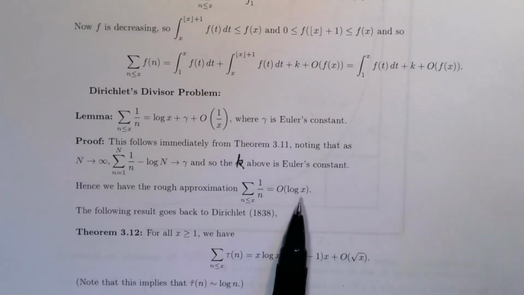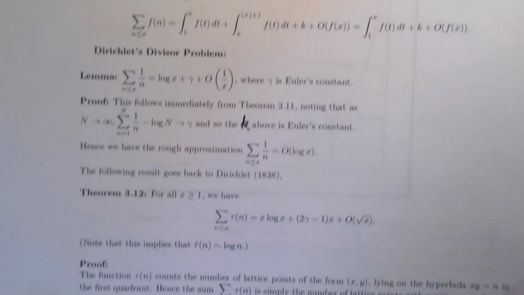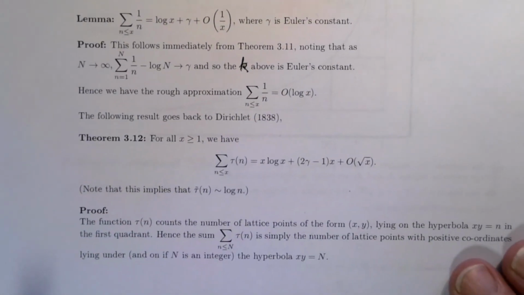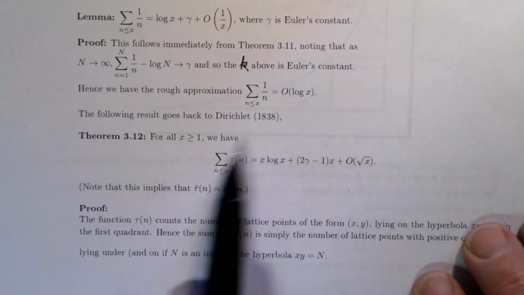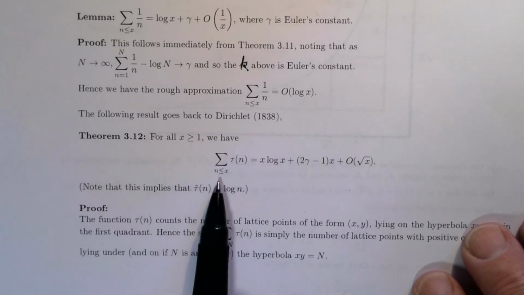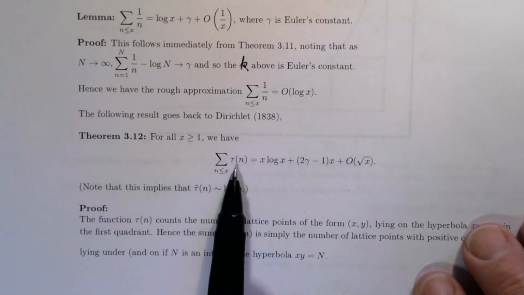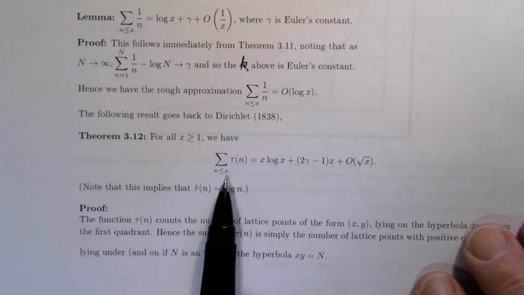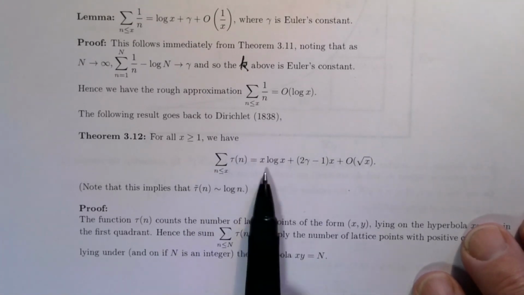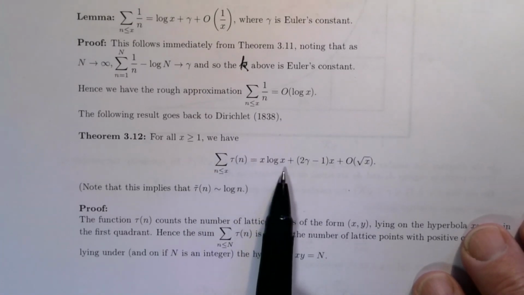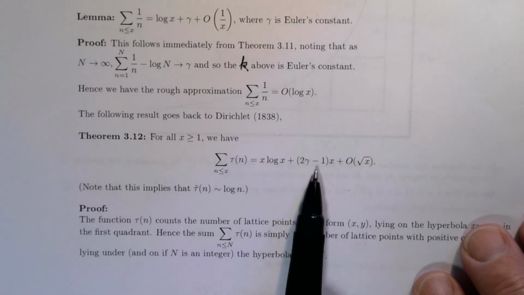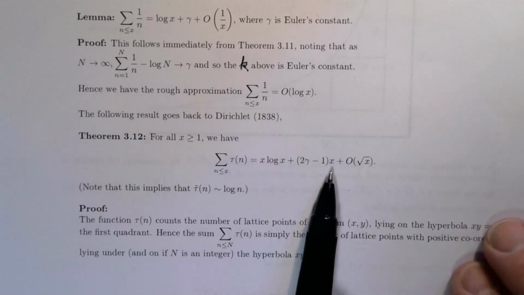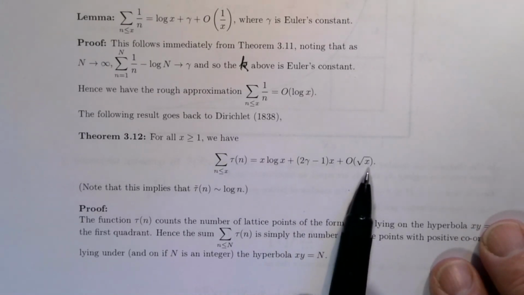Now I'm going to state, and I'll do the proof next video, the following important result that goes back to Dirichlet in 1838, and it says that we can find the sum of tau of n, where n is less or equal to x. Now this sum turns out to be x log x plus 2 gamma minus 1 times x, where gamma is the Euler-Mascheroni constant again, plus big O of root x.